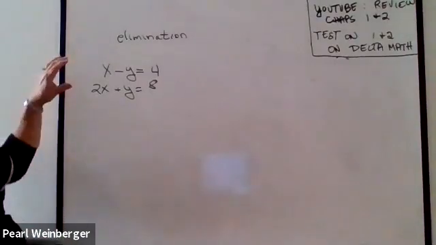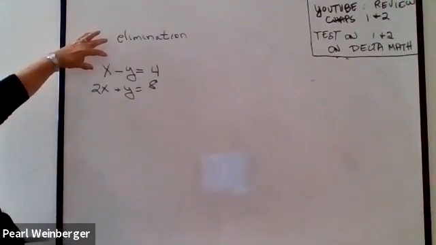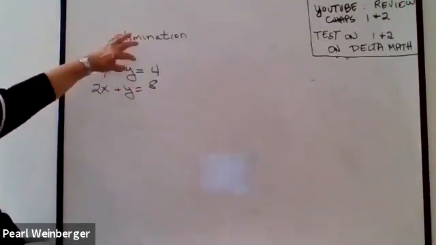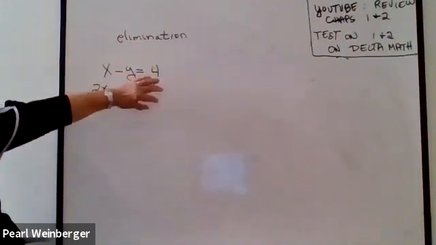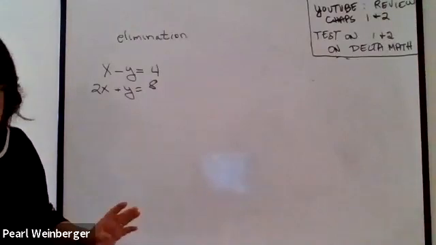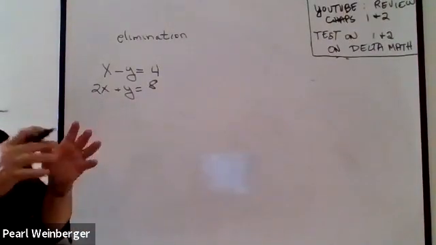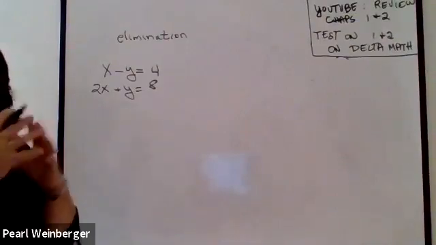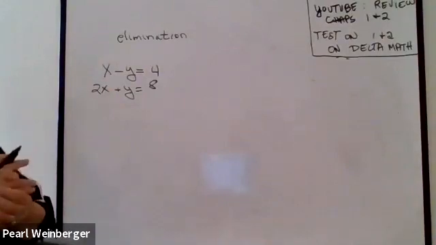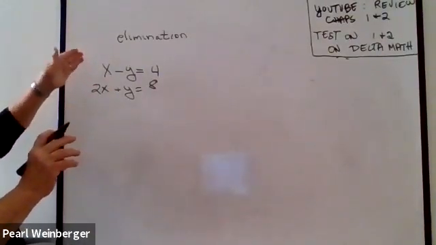Now, in this case, both of the equations are set up in what we call the standard format: x, y, equal number. It isn't as if we've been given x equal or y equal in either of the equations, though I could have possibly solved either for x or y.